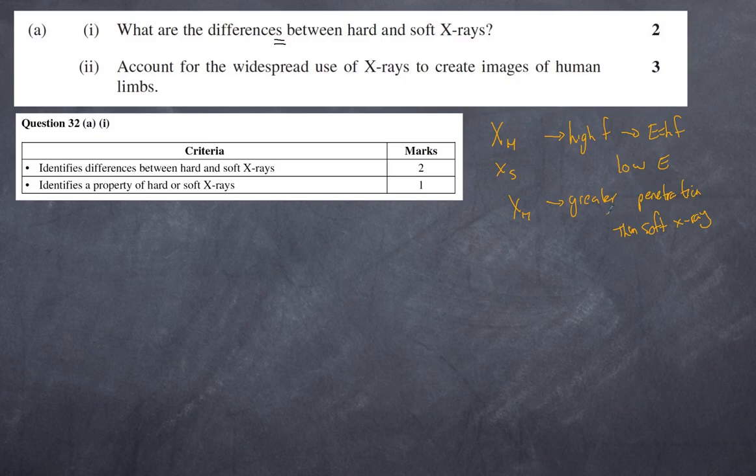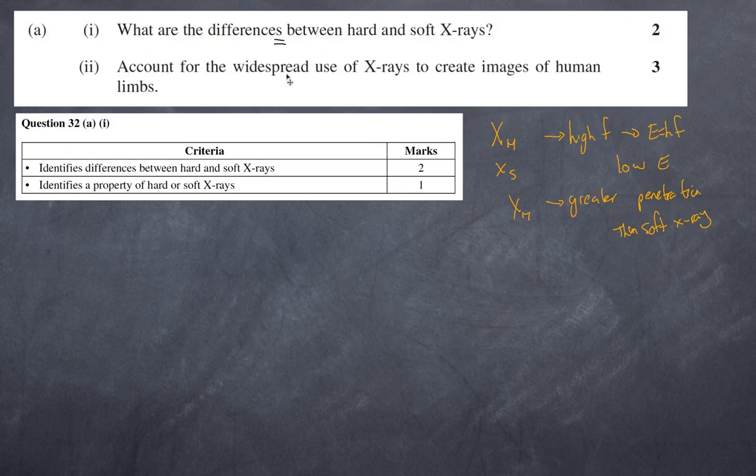But there's a second difference. I could also mention frequency, but often in answering that, frequency is aligned with energy. So what I'd rather see is a good response saying, for example, something about the penetration. A third example, though you only need to provide 2, is that hard X-rays provide higher resolution images than soft X-rays. So there's a third one.